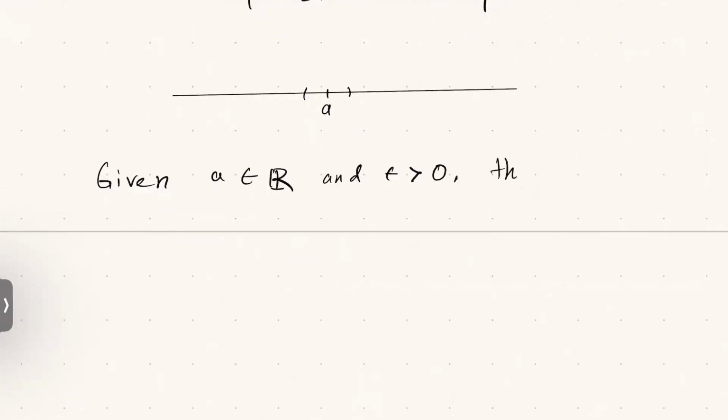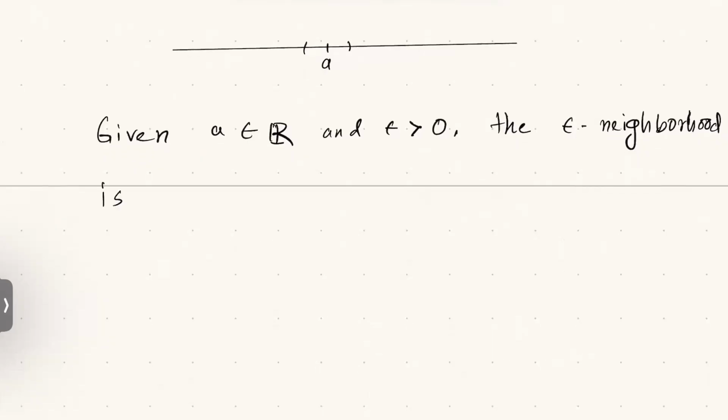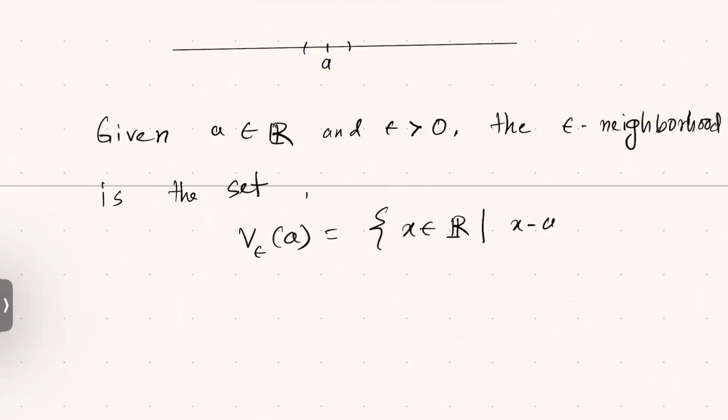The epsilon neighborhood is a set given by V_epsilon(A) equals x belongs to R such that |x - A| is less than epsilon.